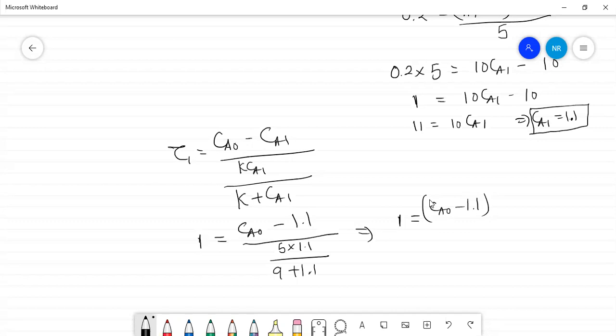9 plus 1.1 is 10.1. So here, 10.1 divided by 5 multiplied by 1.1. 5 multiplied by 1.1 is 5.5.